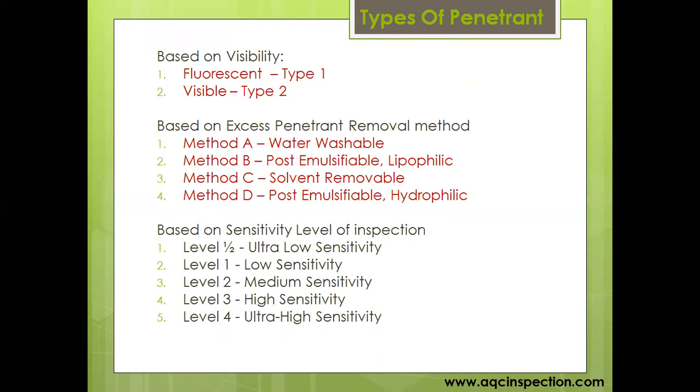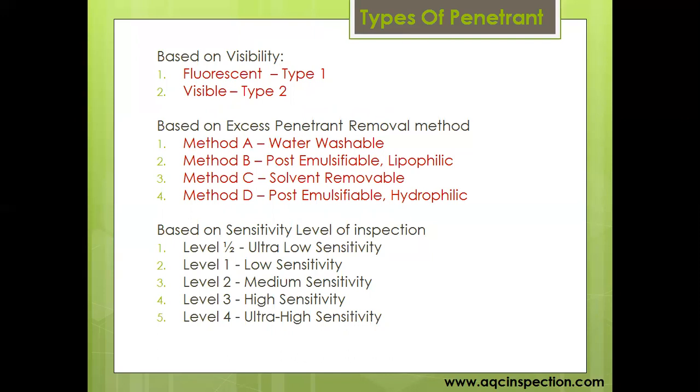Based on the excess penetrant removal method, penetrants are classified into method A, method B, method C, and method D. Method A being water washable, method B being post-emulsifiable lipophilic, method C being solvent removal, and method D post-emulsifiable hydrophilic.